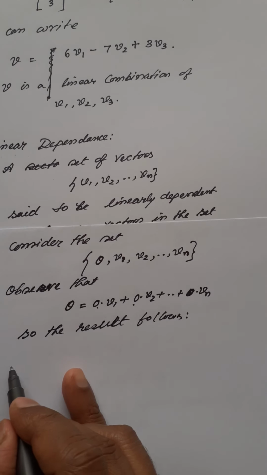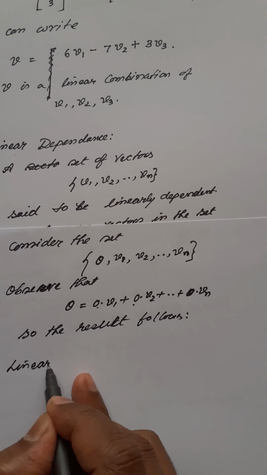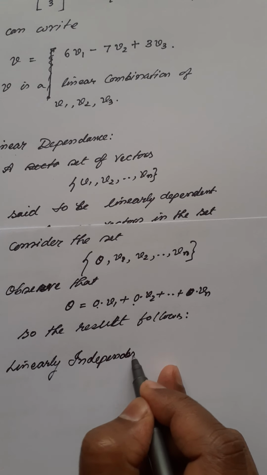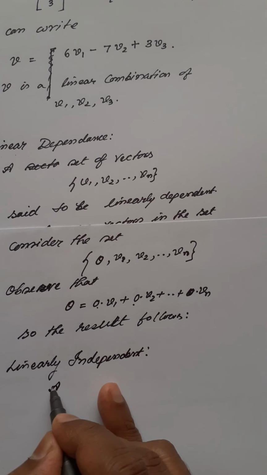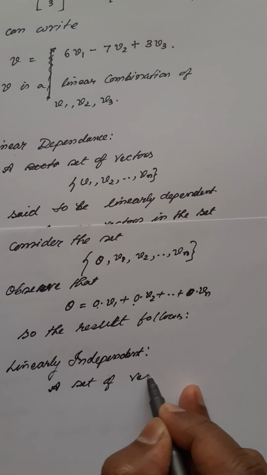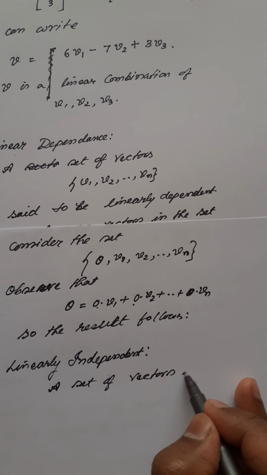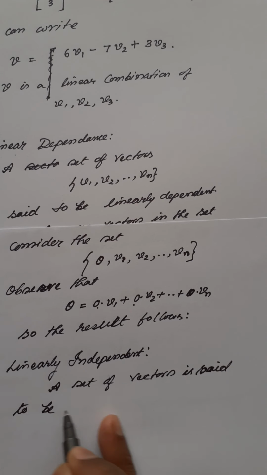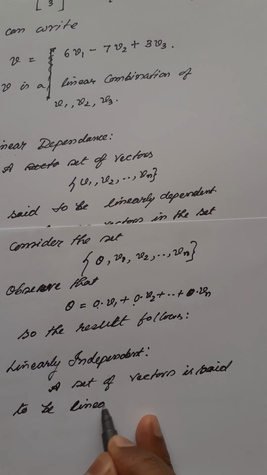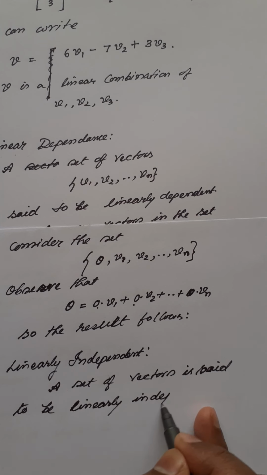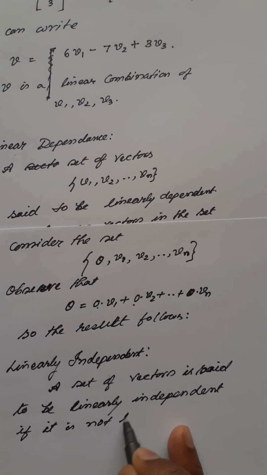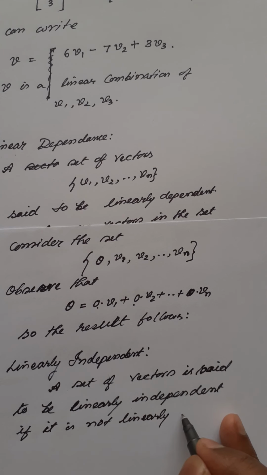Now, the linearly independent concept. A set of vectors is said to be linearly independent if it is not linearly dependent.